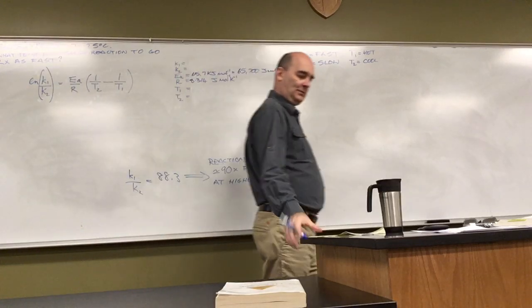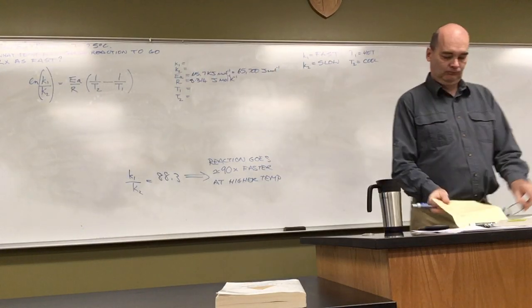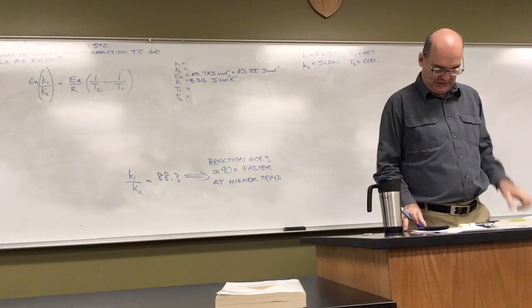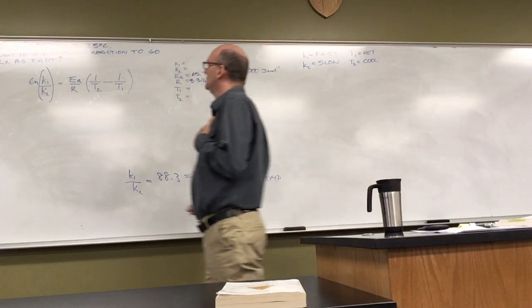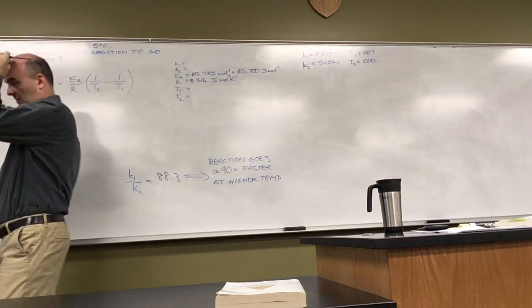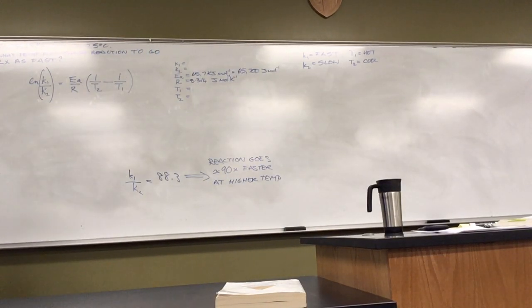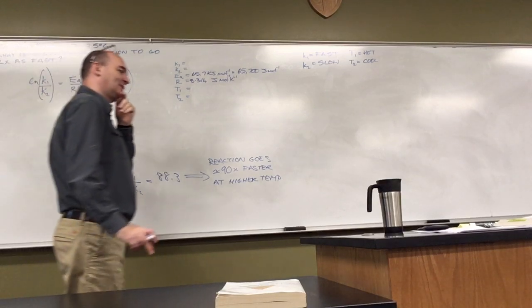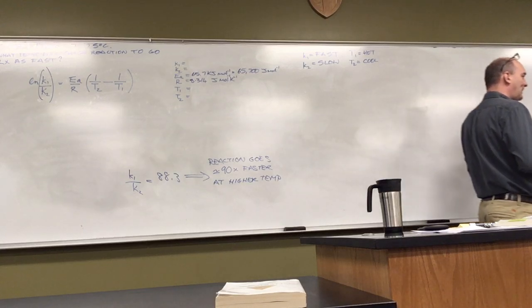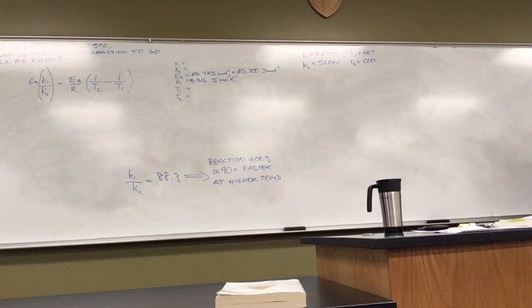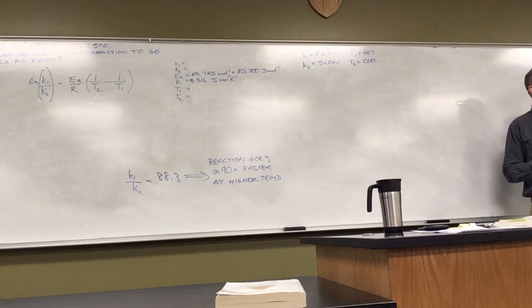T1 or T2? I'm going to have T1. I'm going to assume my reaction is currently at 25 degrees Celsius. I'm asking you to find a new temperature at which the reaction rate will be twice as fast. Is that number going to be a higher temperature or a lower temperature than I'm currently working at?